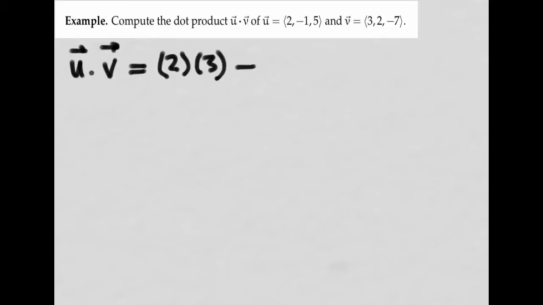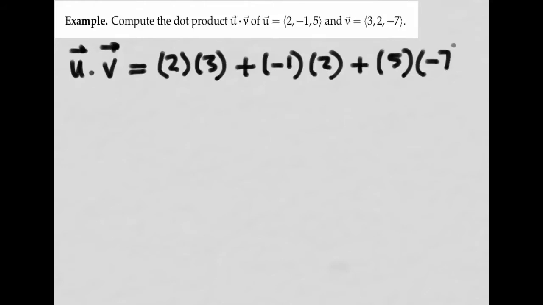Let's see an example. Compute the dot product u dot v of the vector u with components 2, minus 1, 5, and the vector v with components 3, 2, minus 7. U dot v is the product of the first components, namely 2 and 3, plus the product of the second components, namely minus 1 and 2, plus the product of the third components, 5 and negative 7.